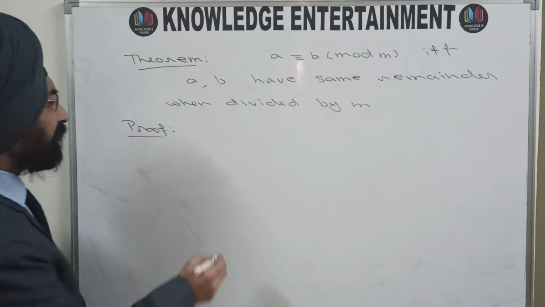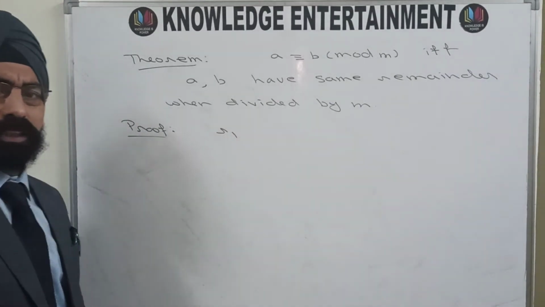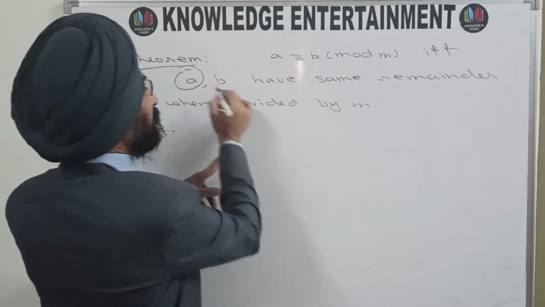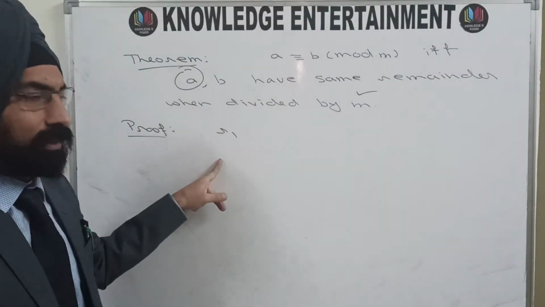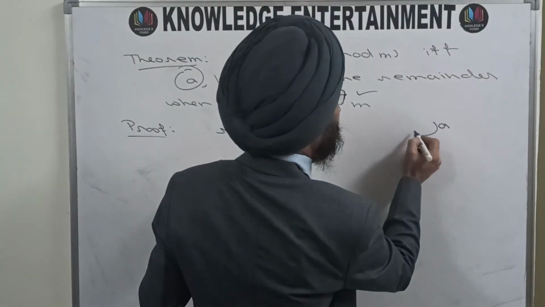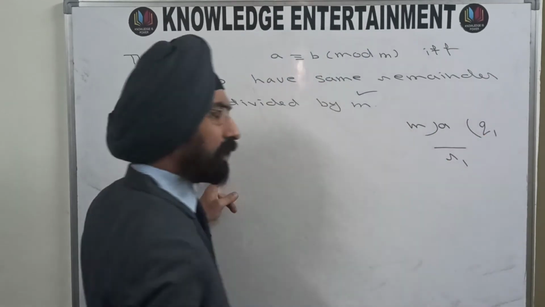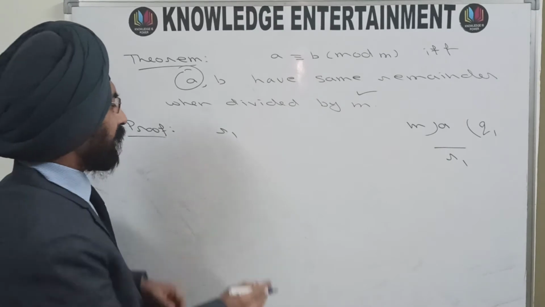Suppose R1 is the remainder when we divide A by M. So when we divide A by M, there will be some quotient Q1 and remainder R1.